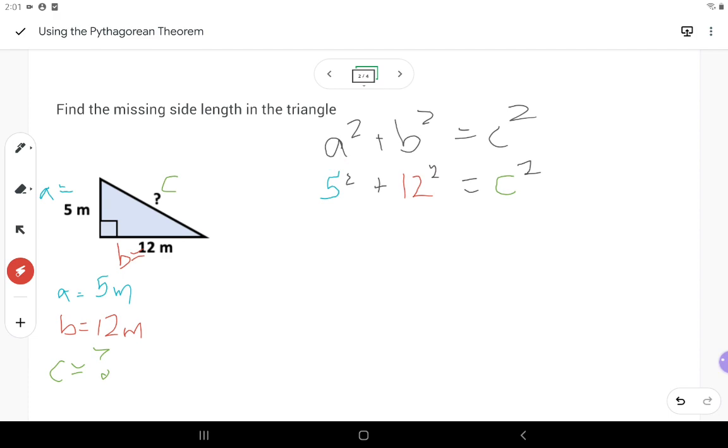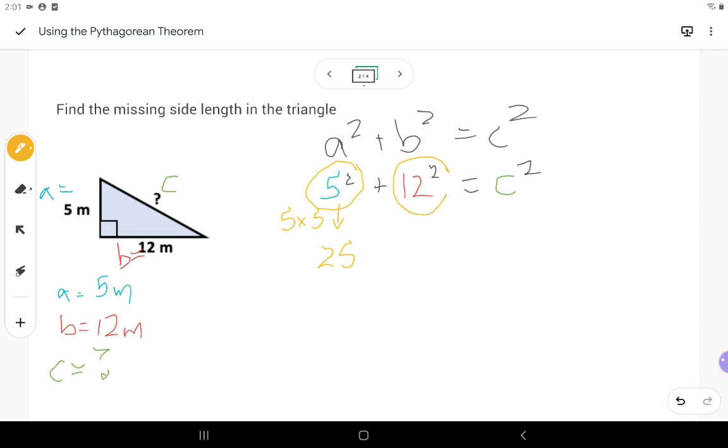And this is where BEDMAS, that exponents rule, comes into play. I need to do the exponent on this 5 and the exponent on this 12 before I'm allowed to add them together, because exponents comes before addition. So I'm going to do this first. 5 squared means 5 times 5, and that gives me 25.